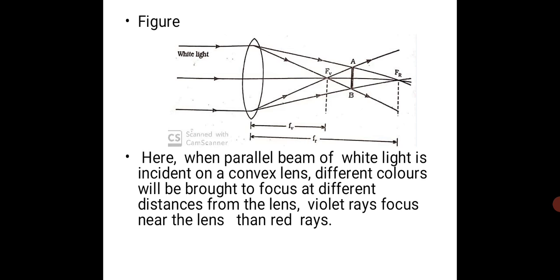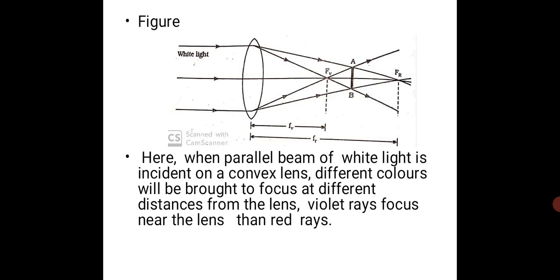When you place a screen in between Fv and Fr and move it, you can observe different colored images at different positions. There is one position AB where the least intersection is observed, that is, a circle is observed where AB represents its diameter.